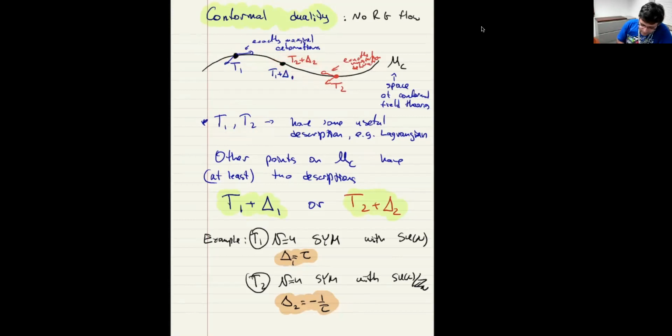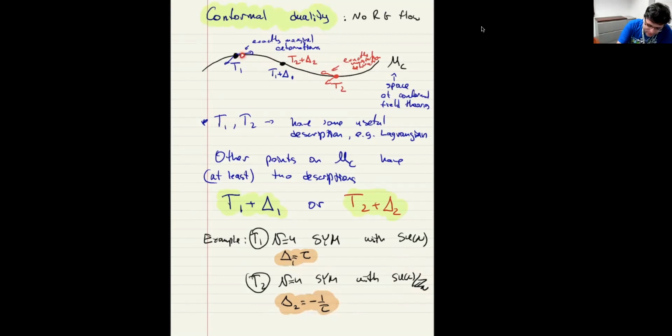The canonical example of such a conformal duality is the well-studied N=4 super Yang-Mills, say with gauge group SU(N), and then you can reach different points on the N=4 preserving conformal manifold of this theory by tuning the gauge coupling. And there is another description in terms of a very similar gauge group, slightly different, with this mod Z_N, and with a different value of coupling.